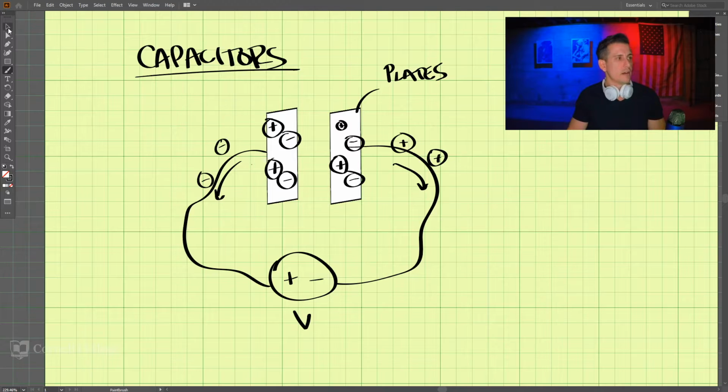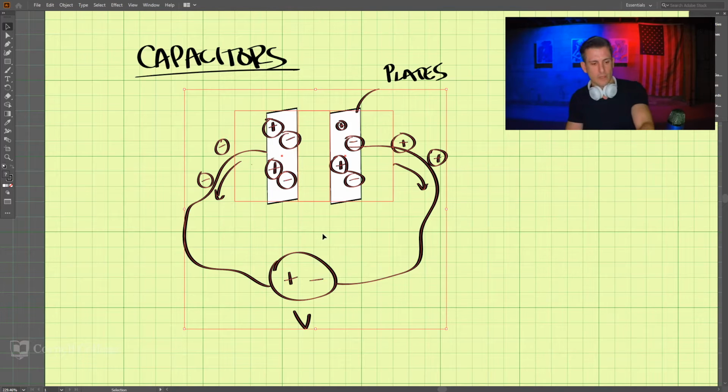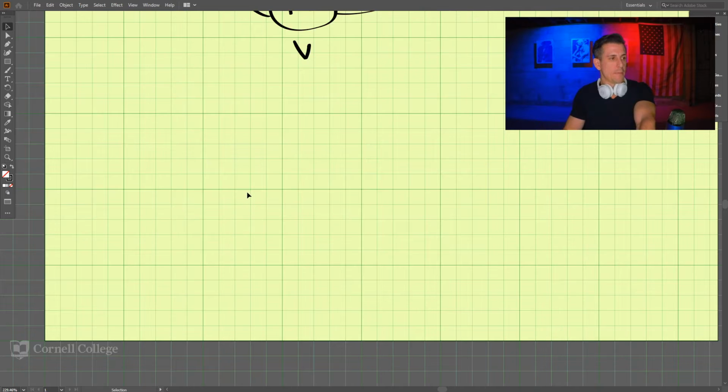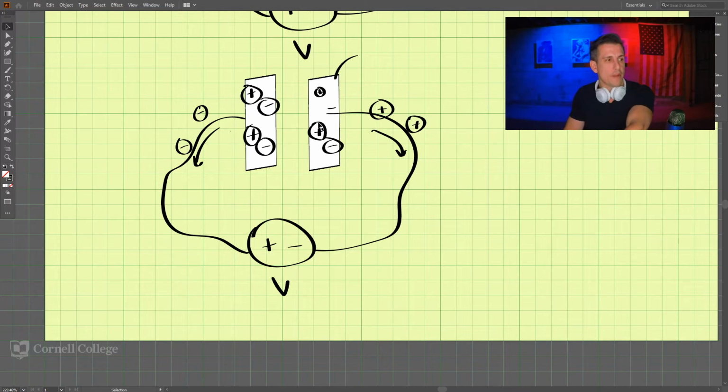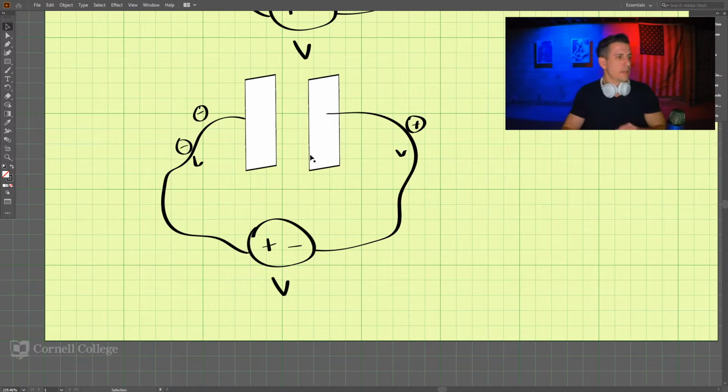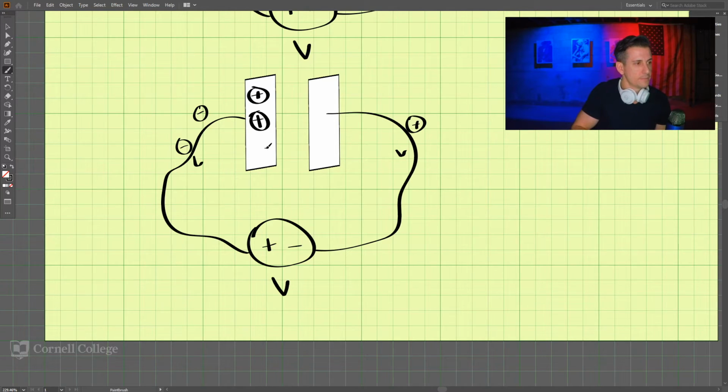So when we connect a voltage source up to this, these move, and what we get is positive charges here and negative charges on this side.